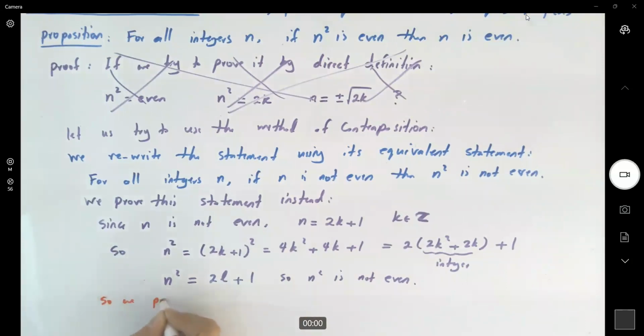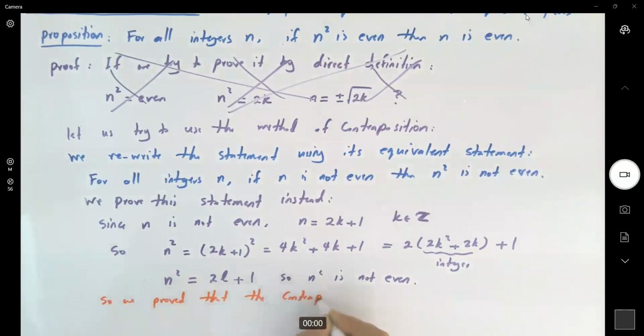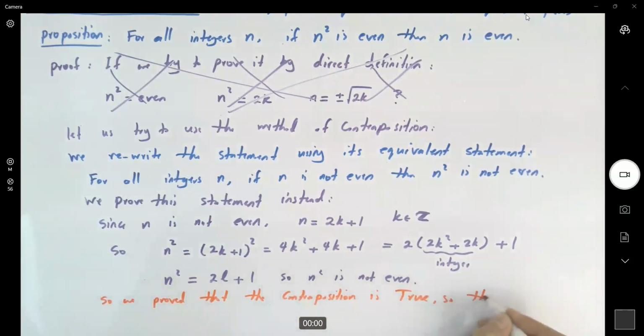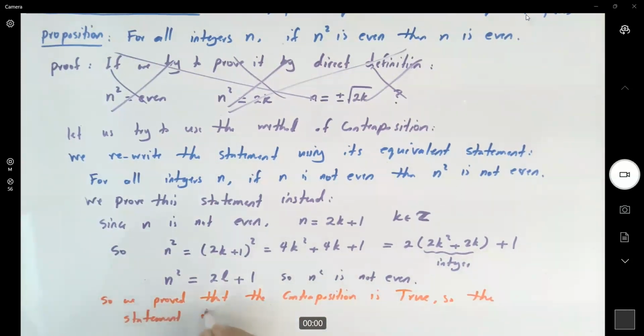So we proved that the contraposition is true. So the statement is also true.